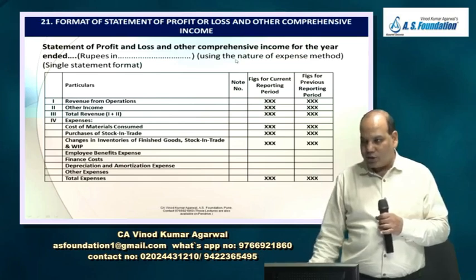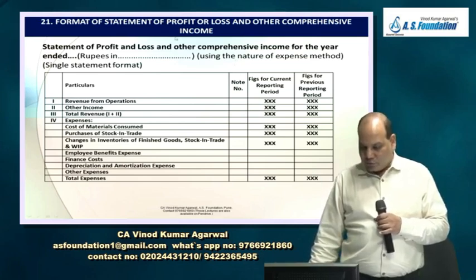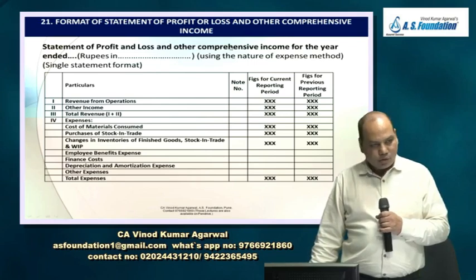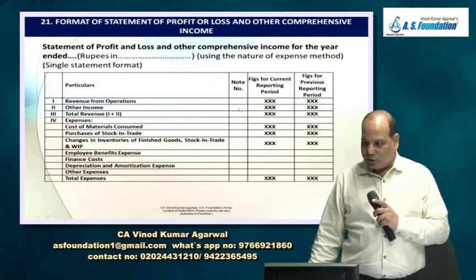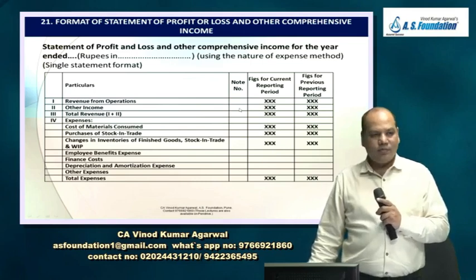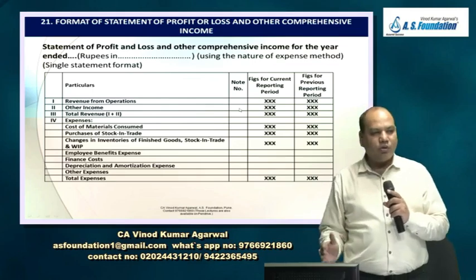This is just for today's understanding. And of course, we'll write the name of the company at the top. Current year figure, previous year figure. And you can write the note number, because here we are only writing the total of the respective income or expense. The detailed working will be shown in the notes. The disaggregated figures, the bifurcation, will be shown in the notes.